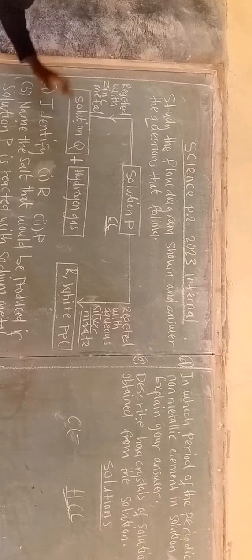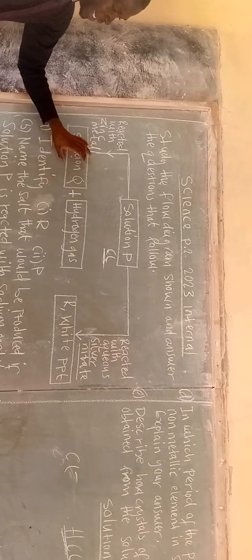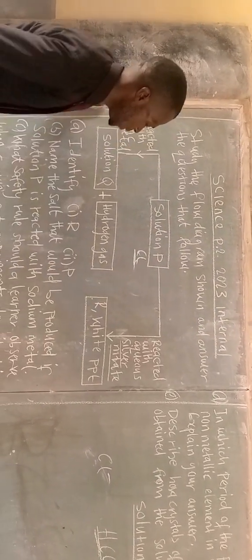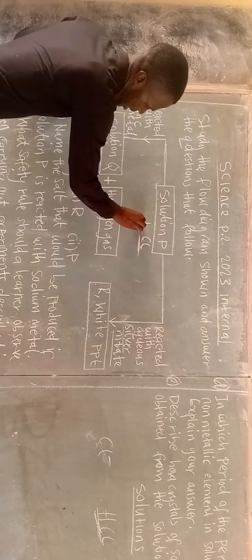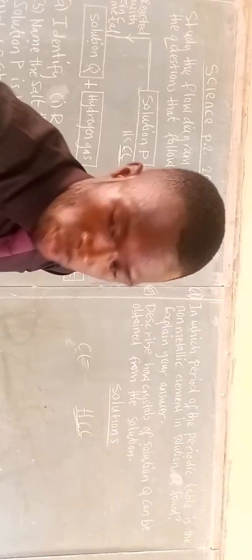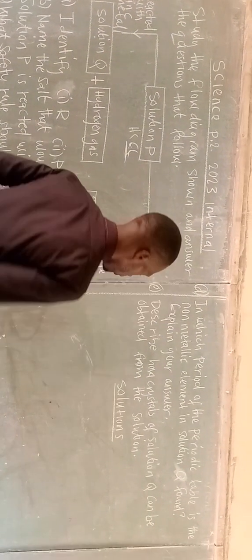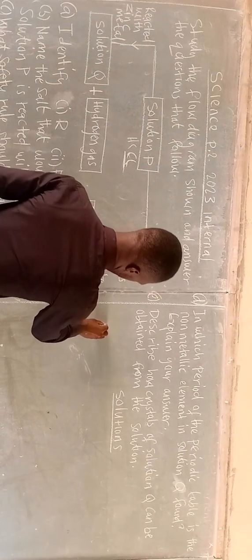So Q is zinc chloride. Now they are asking for R and P. We can start with P. You can say this P is HCl. So let's write it here.